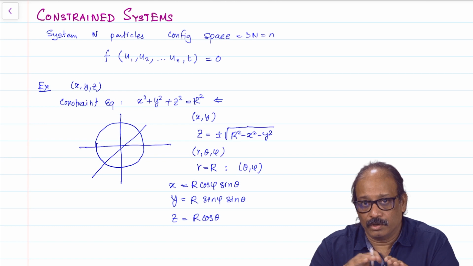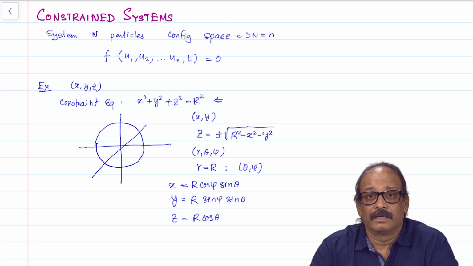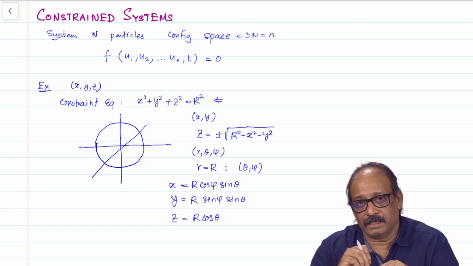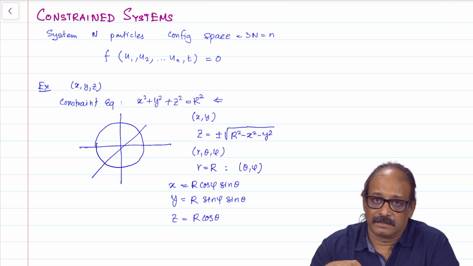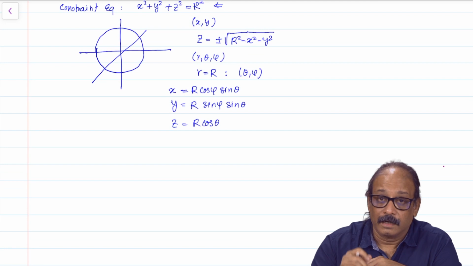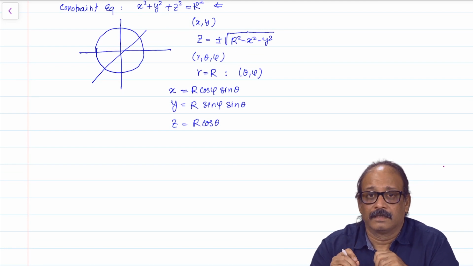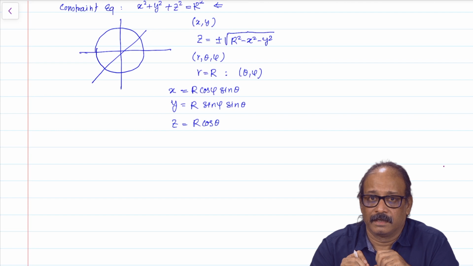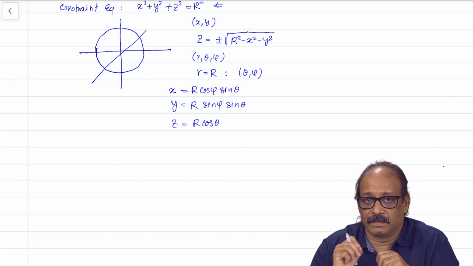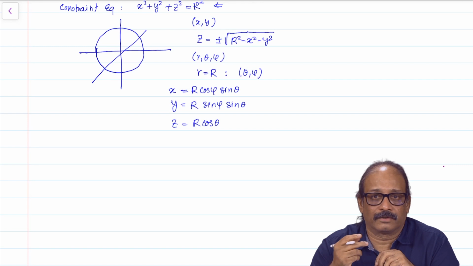So, all that you really need, because we had one holonomic constraint, the motion of the point in the configuration space is restricted now to a 2-dimensional surface. And on a 2-dimensional surface, I need to find one coordinate system which uniquely determines each point, and in this case that turns out to be theta and phi. So, one holonomic constraint reduces 1 degree of freedom, which also means the number of generalized coordinates required to specify the configuration of the system is also reduced by 1.